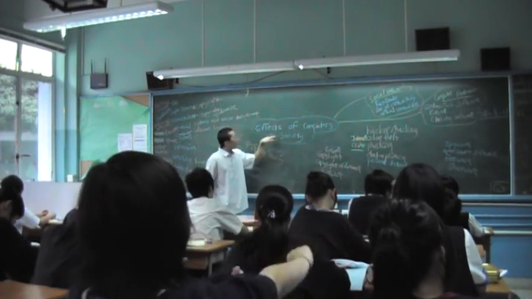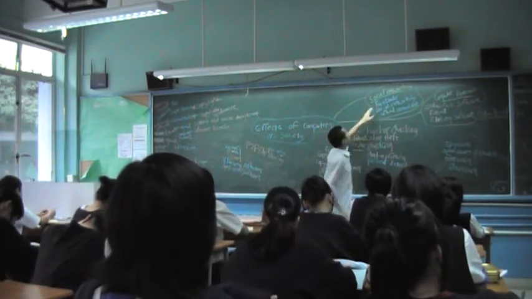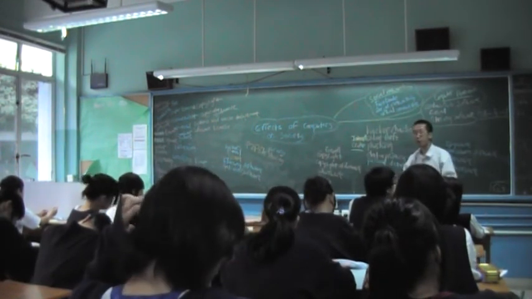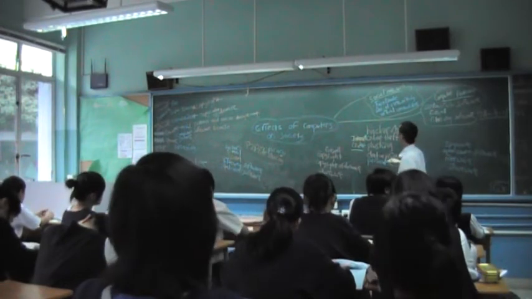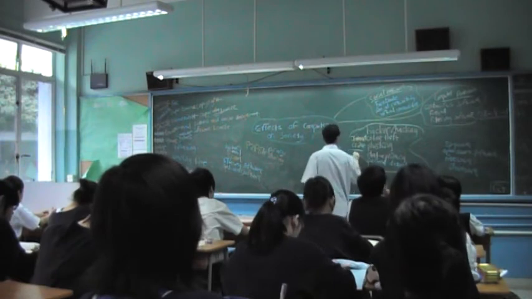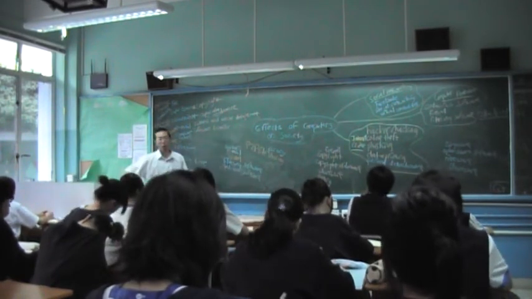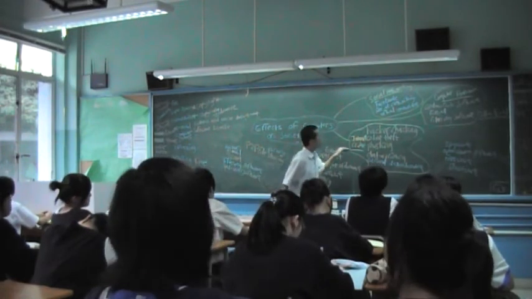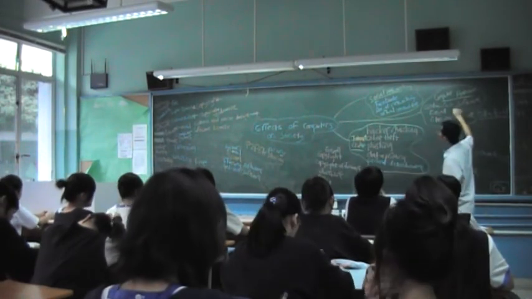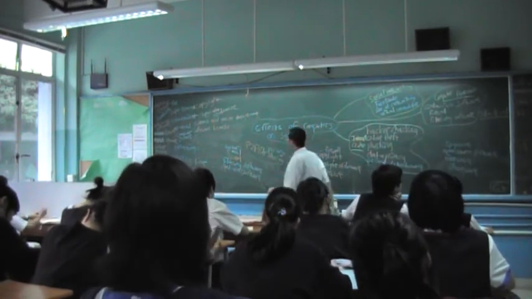So one of the effects of computers on society is not only do you have a lot of people trying to be friends, but you got lots of criminals too. So you have social networking, computer protection, because you have internet crime. Why do you need protection? Lots of crime.